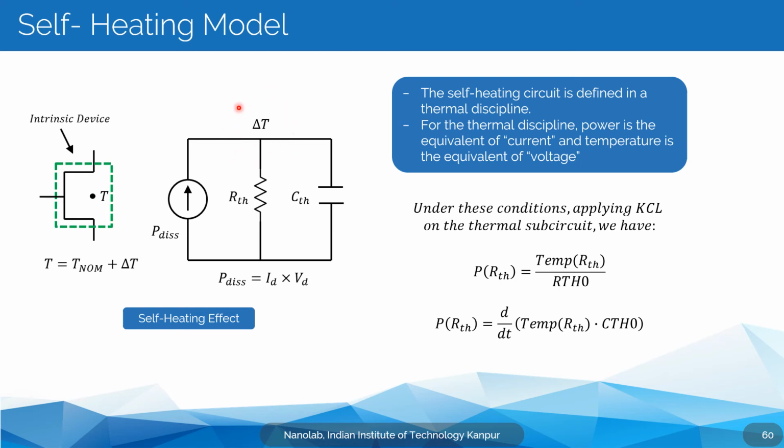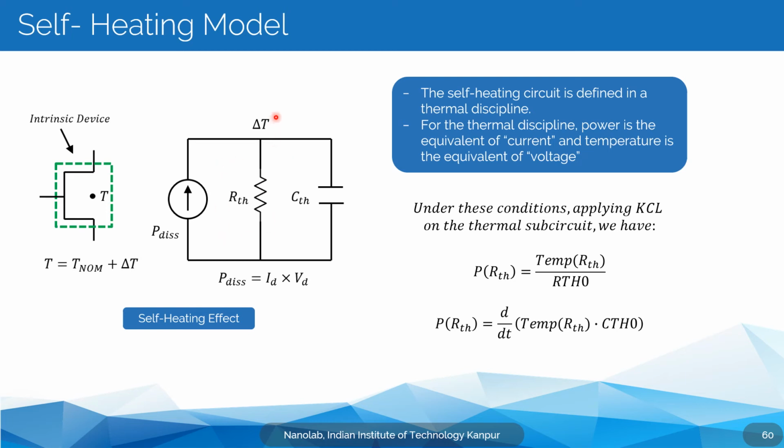What we have done basically is convert power into temperature. The more power that is dissipated in the device, the more the temperature rises at this node in the thermal circuit, and this temperature rise is determined by the thermal resistance RTH.